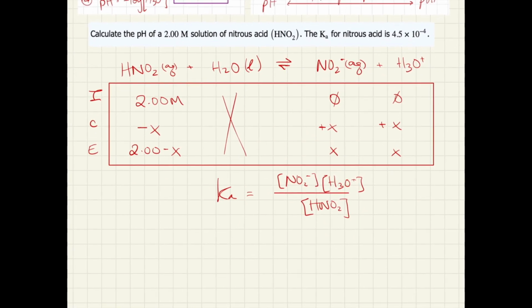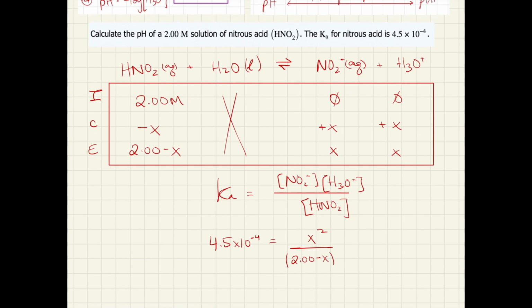Now, in this problem, we're given all those numbers or algebraic expressions. We have 4.5 times 10 to the negative fourth is equal to x squared over 2.00 minus x. Now, if you're using the quadratic equation, either with a numeric solver from your calculator or by hand, you can definitely figure out what x is.